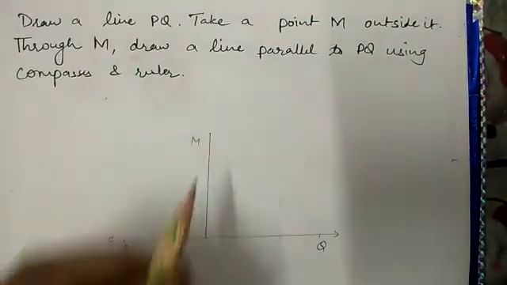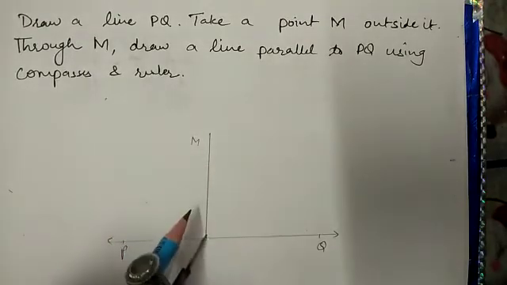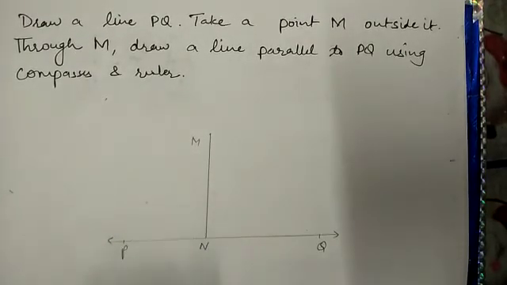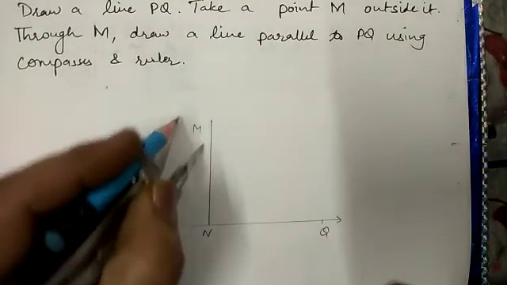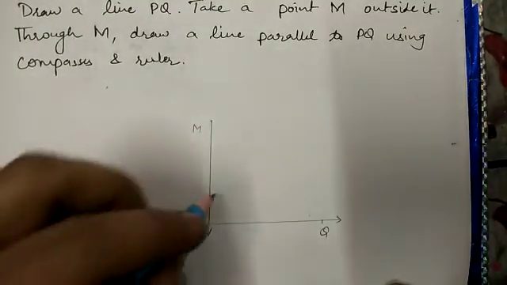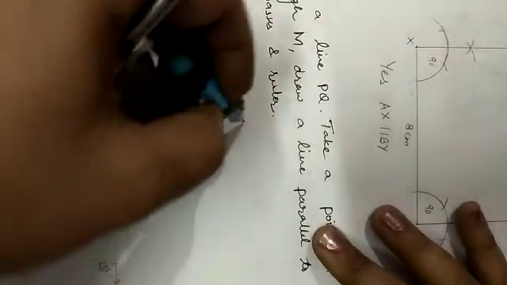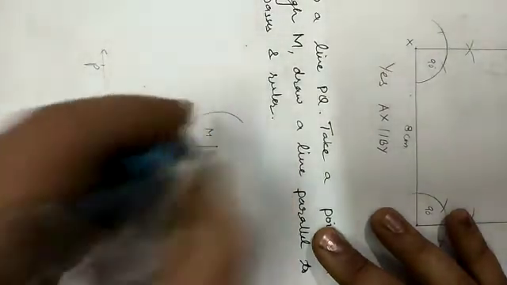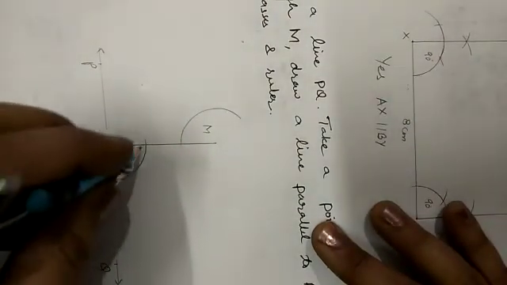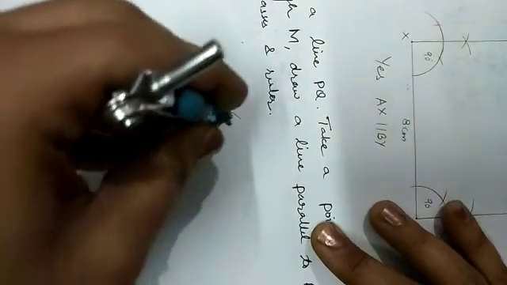Now we all know that if two lines are parallel, in that case alternate angles are equal. So what I am going to do here, I will draw one angle here, and of the same measure I will draw at point M like this. First of all, I will mark an arc here, and then at point M again I will draw an arc like this. Now I will measure this angle and will mark an arc here like this.